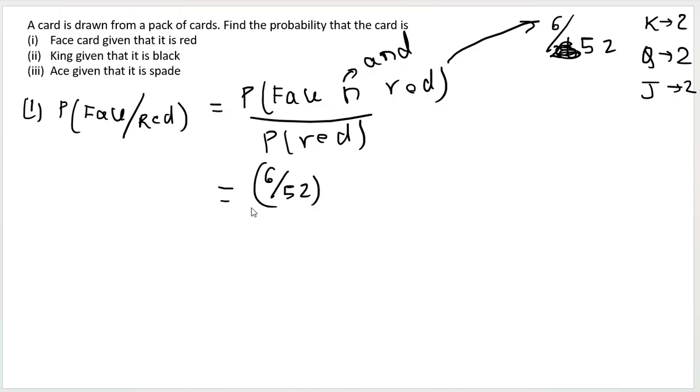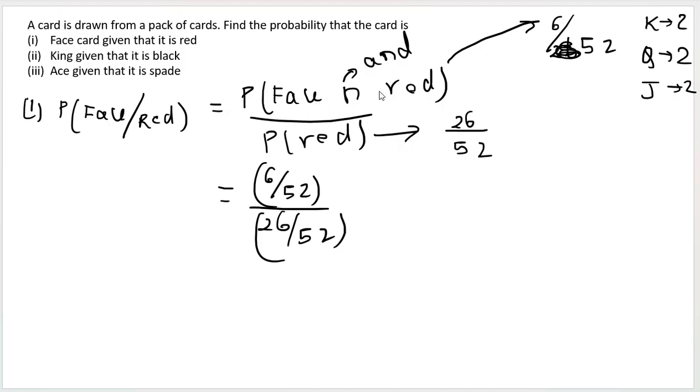And now we are interested in probability of red card. For a red card, the favorable number of outcomes is 26, total outcomes are 52. Remember, over here we are finding the probabilities. We are not finding the number of red cards, which is why we have to write it as 26 upon 52.